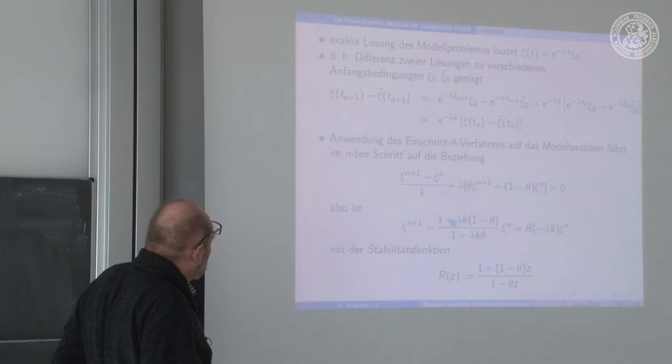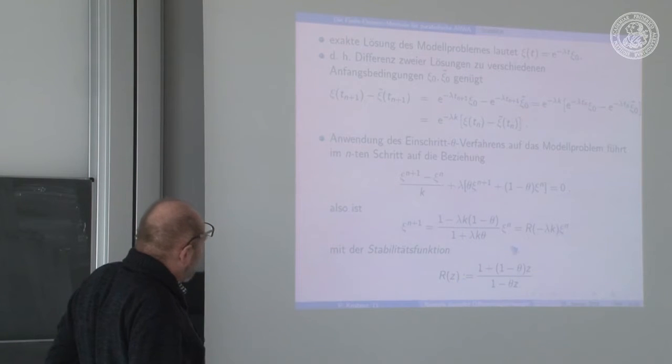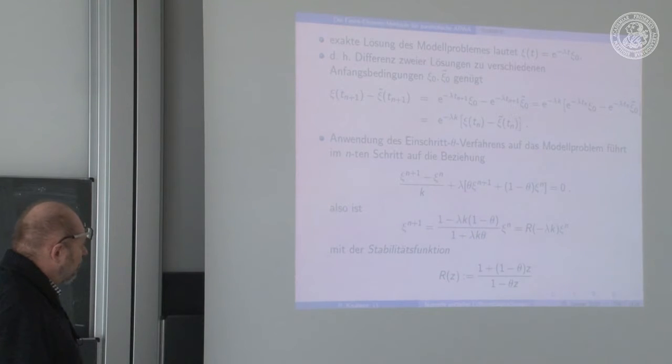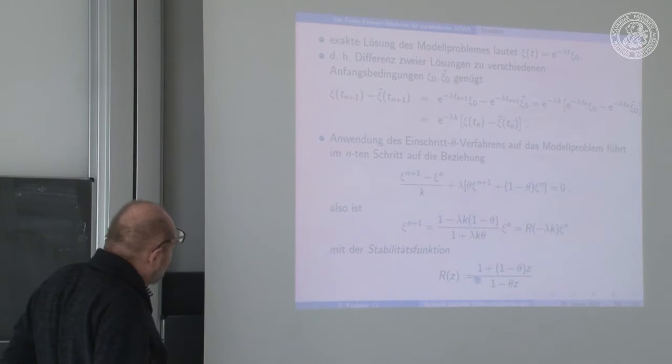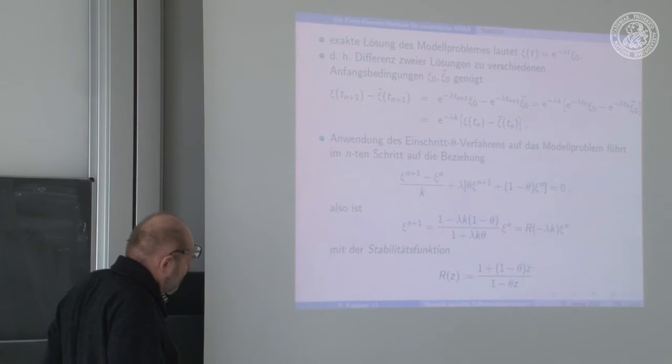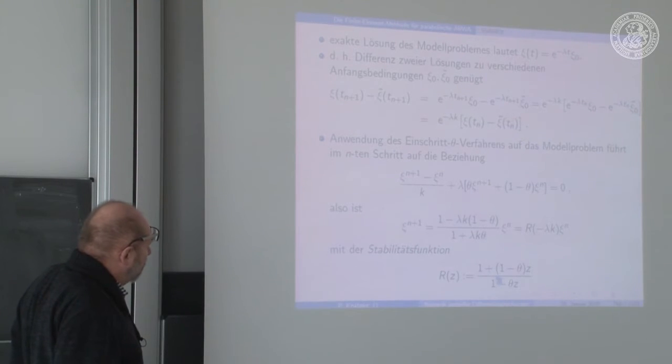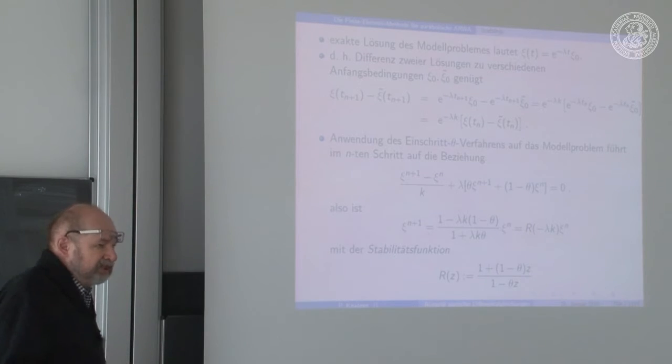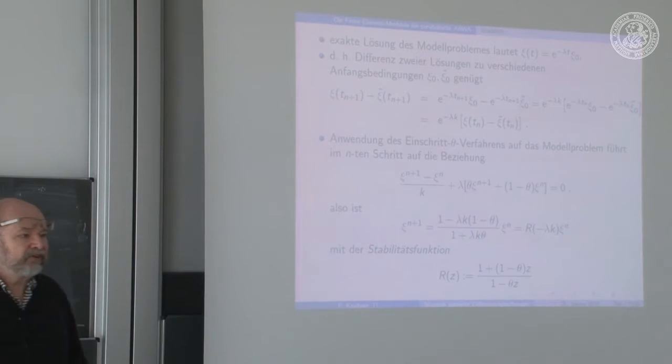Our acceleration factor is this quotient, this evaluation of this specific rational function called capital R at the argument minus lambda times tau. So this function R now takes the place of the function e to the z. What we have done is substitute the exponential function by a rational approximation.